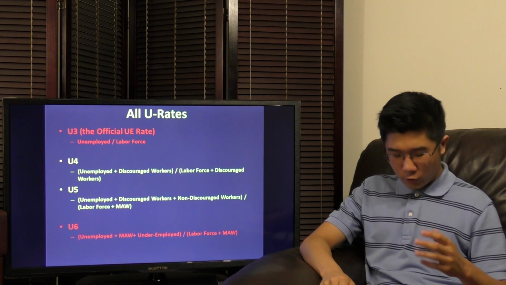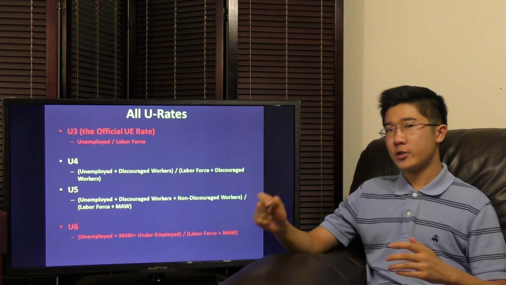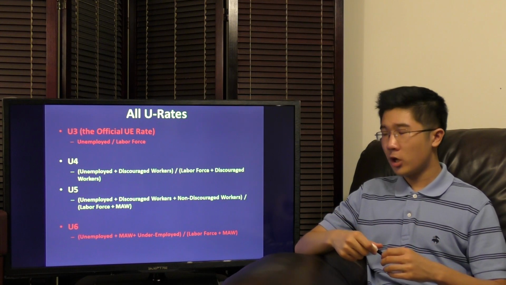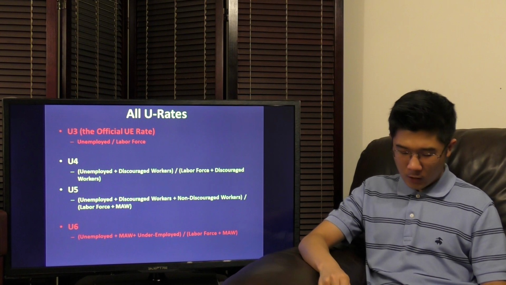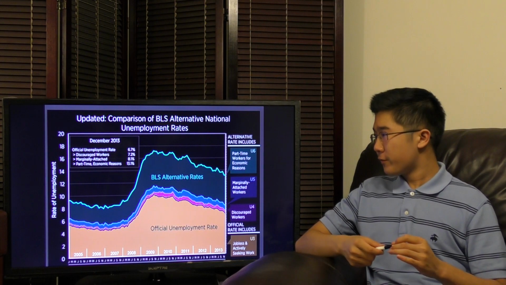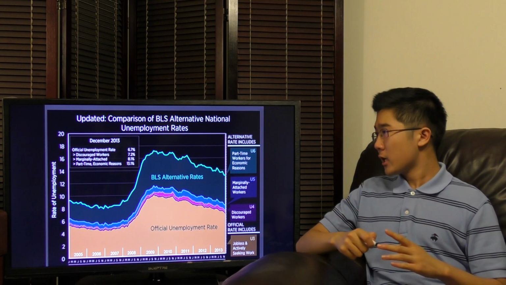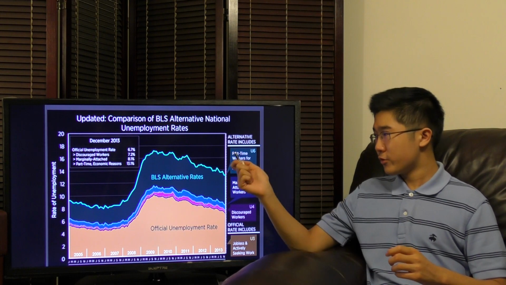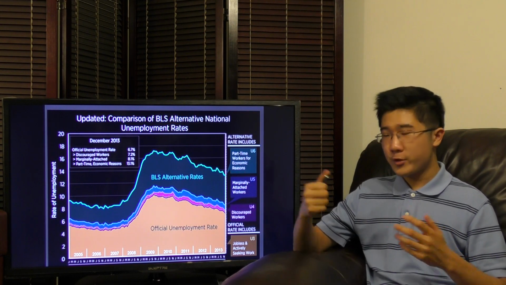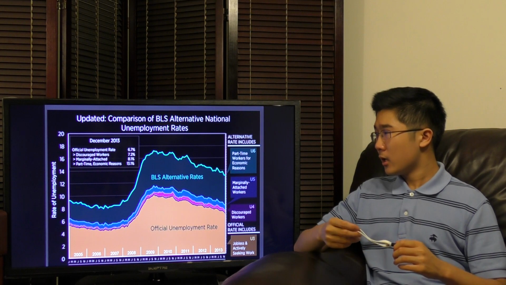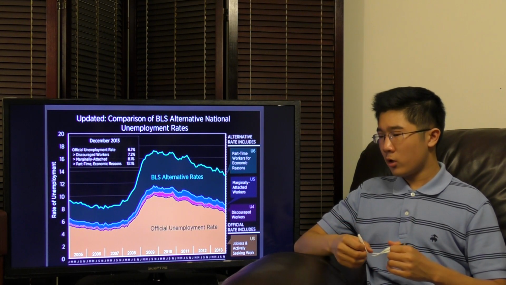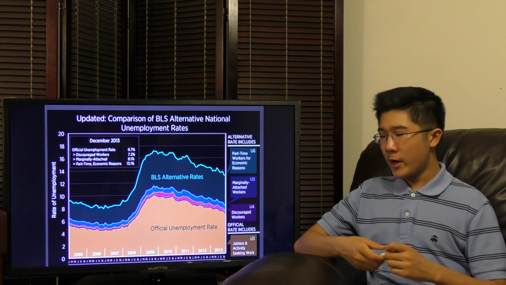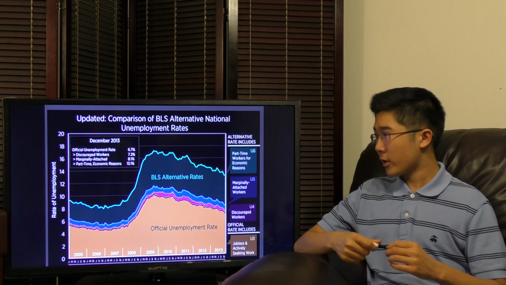Now, of course, we can expect that U6 is higher than U5, which is higher than U4, which is higher than U3. But how much higher are the different unemployment measurements from each other? Well, you might be surprised to know that U5, U4 and U3 are generally quite close to each other. In reality, U6 is the one that really separates from the rest. For this reason, we can see that part-time unemployment, underemployment, or being overqualified for a job is quite a large part of our labor force and our economy.